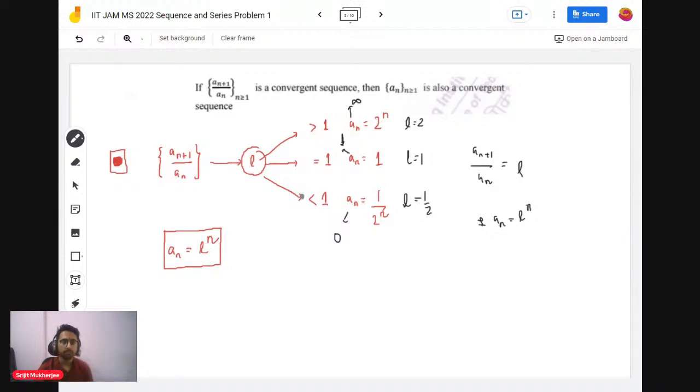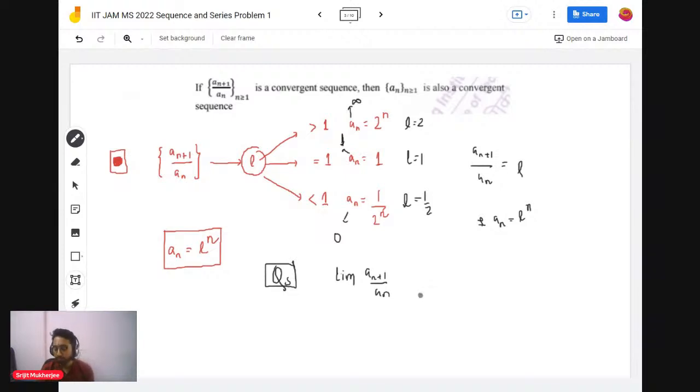A food for thought may be: does there exist a general result that if L is greater than 1, then it will diverge, and if L is less than 1, it will always converge? You can think about this question in general: let's say the limit of a_{n+1}/a_n is L, how does a_n behave depending on the various values? If it's equal to 1, how does it behave?